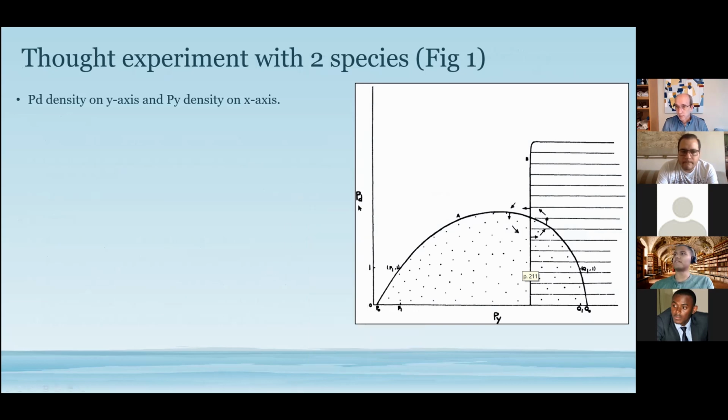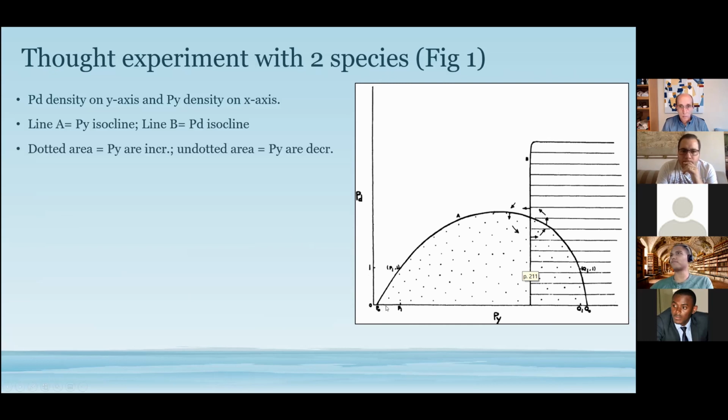Oh, never mind. So we have the predator on the y-axis and the prey on the x-axis. The prey isocline, which is the level at which prey will stabilize, is this line, A, and the predator isocline is B. At any given amount of predator, there would be a given amount of prey that would meet this isocline.